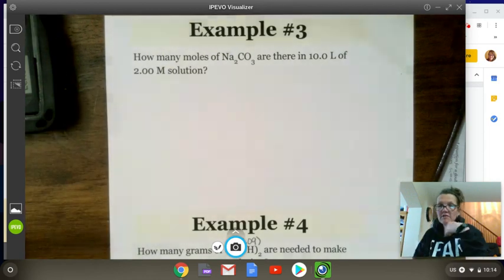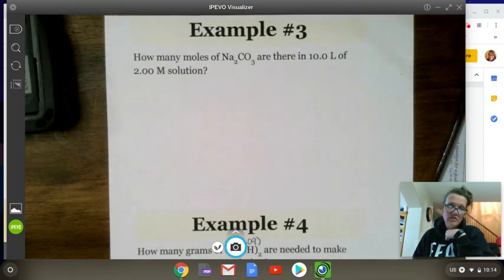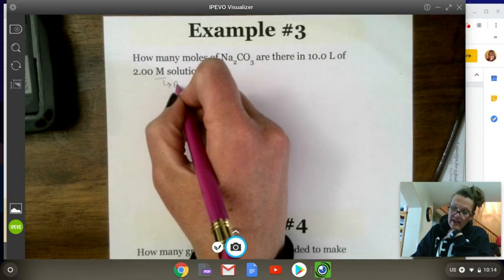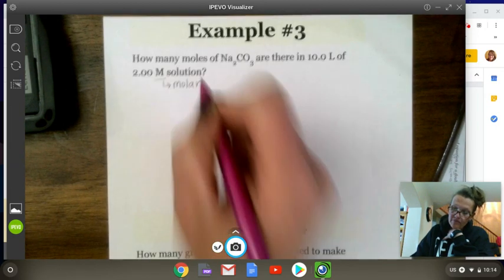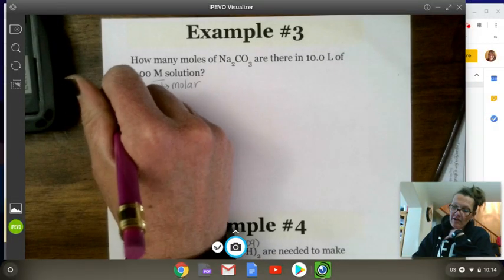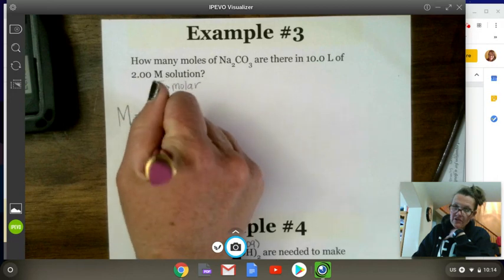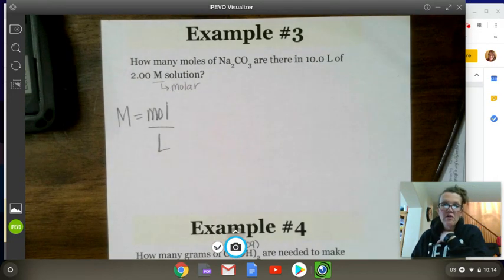Example number 3 says, how many moles of sodium carbonate are there in 10 liters of a 2 molar solution? Anytime you see this capital M, the word you use for that is molar. Of course we know that molarity is equal to moles over liters. And look what we have.